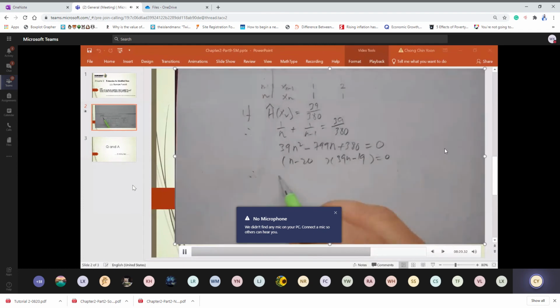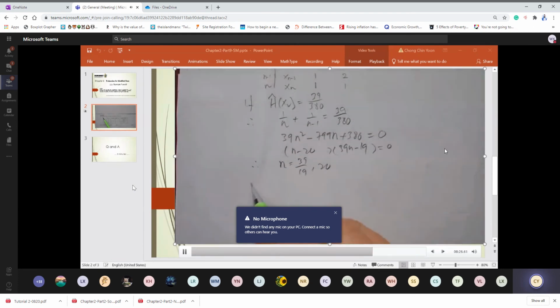So therefore we have n is 19/39 or 20. Since n is 19/39, which is not a positive integer, therefore we will choose n is 20.